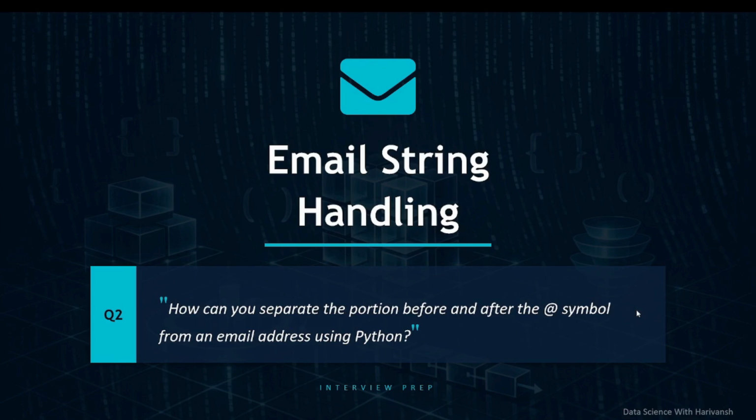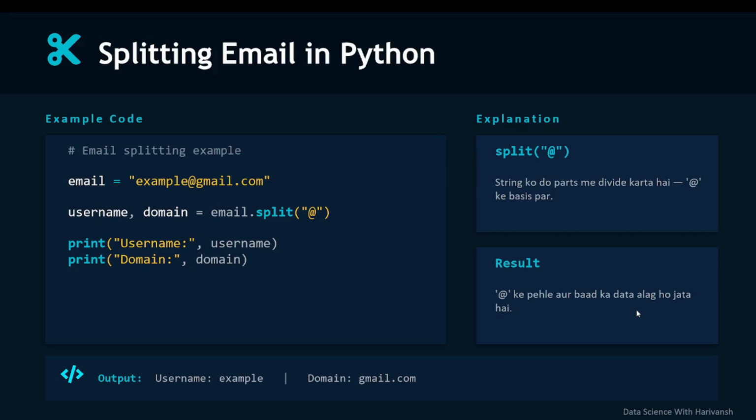When you call email.split('@'), Python scans the string for the @ character and divides it into a list of two separate strings. For example, if the email is example@gmail.com, the split method returns a list containing example and gmail.com.